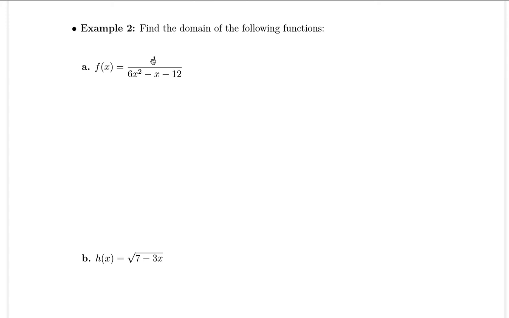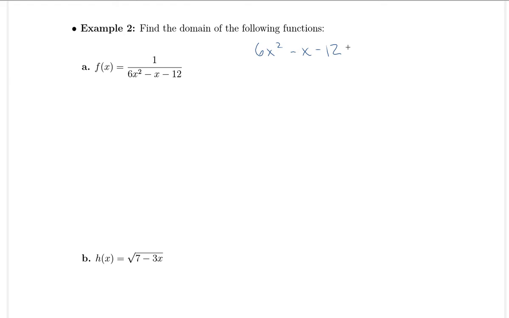Now there's no square roots in here, so that's not an issue, but you can see it's probably going to be possible for me to have the bottom here become 0. So that's what I've got to do. I've got to figure out when the denominator is going to be 0 here. So we've got 6x squared minus x minus 12.